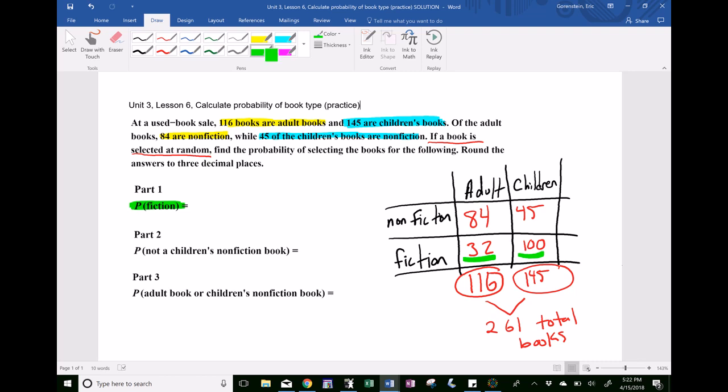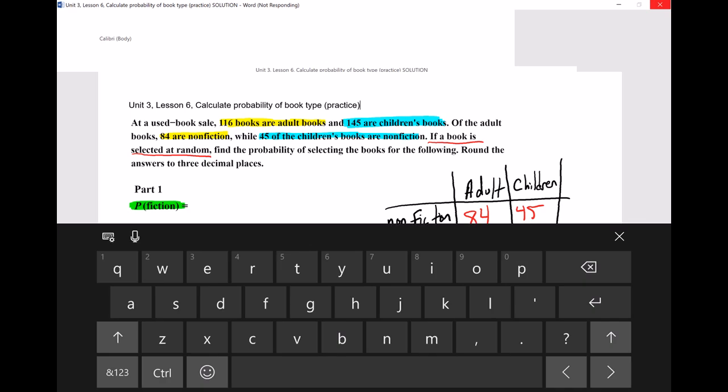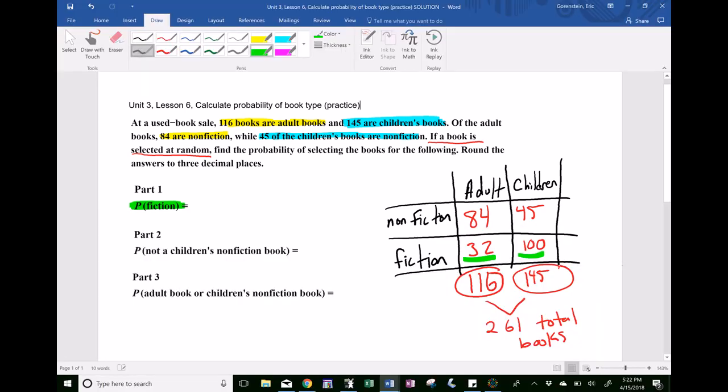So for part one, the probability of one book being selected and that book being fiction is 132 total fiction books out of the 261 total books. Now, round the answer to 3 decimal places. So we can put this into the calculator and round to 3 places.